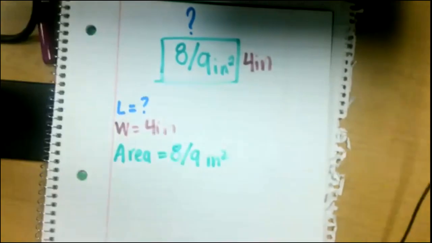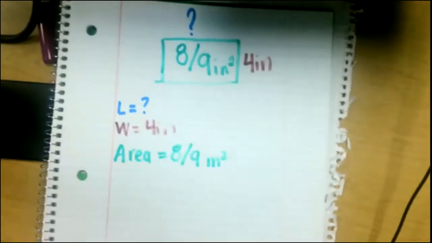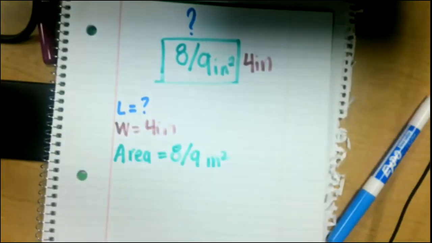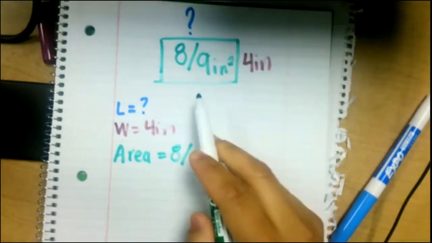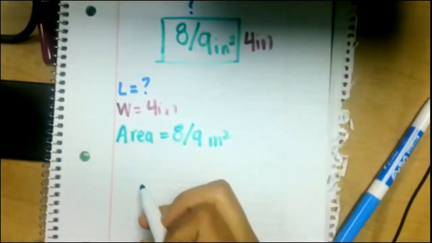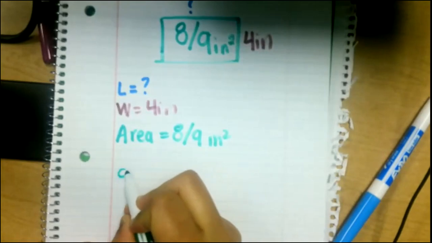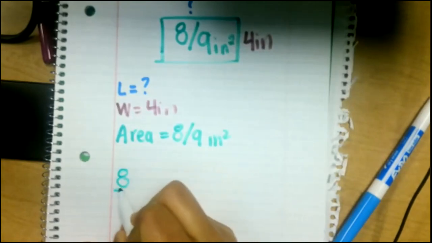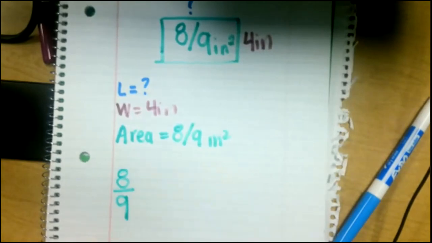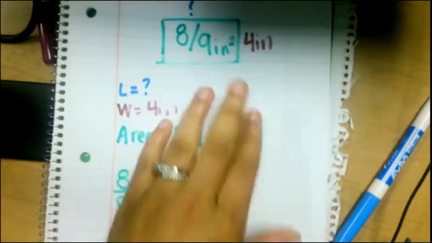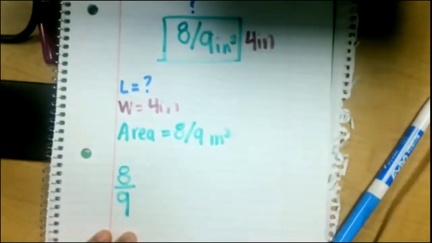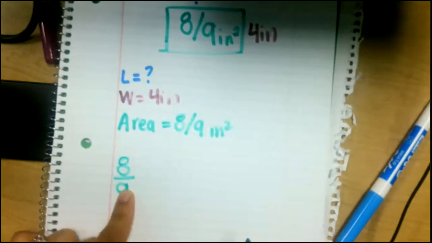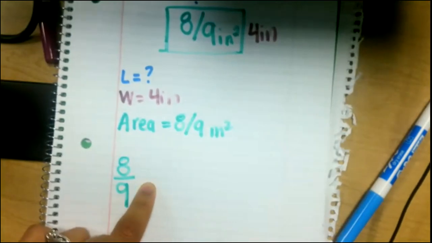All right, so we have the area, and that's going to be our divisor, which is 8/9. See how we ignore the inches squared? We don't do anything with that. That's just how we show the unit that we are working with.